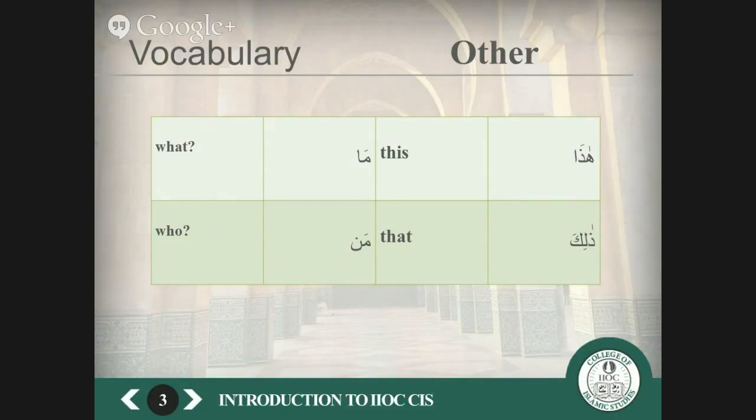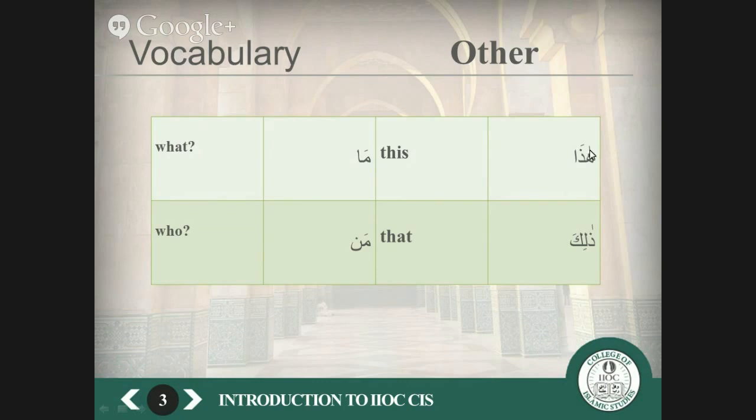So we're getting the vocabulary down. Ma means what? So if someone's staring at me, I say ma. Ma. We'll learn how to use ma in a sentence, all right? Zalika means that. So hadha and zalika, something that's distant. And man means who. Right? Man means who. So we'll learn how to use that in a sentence as well.